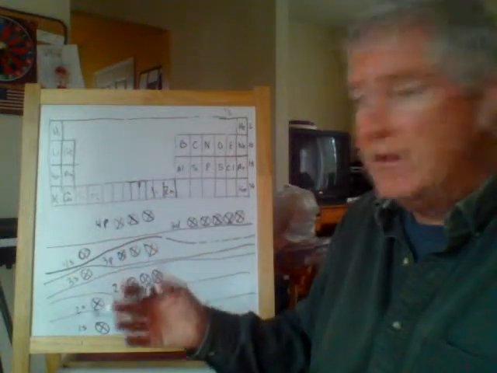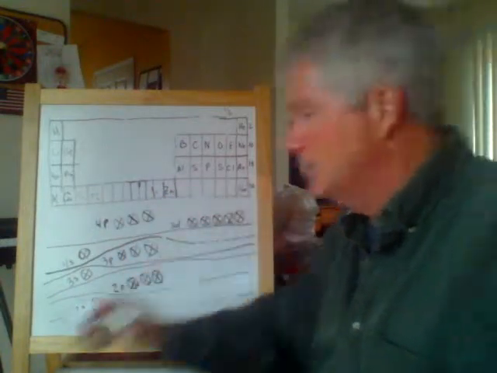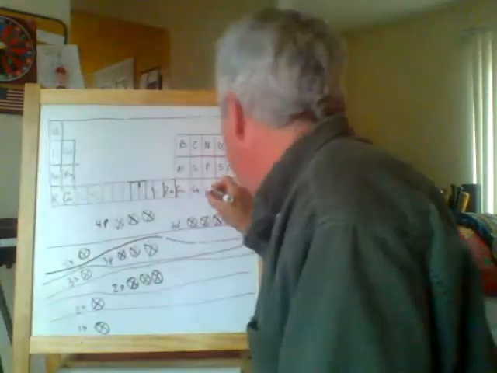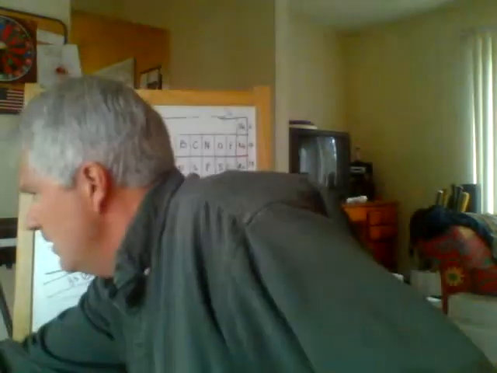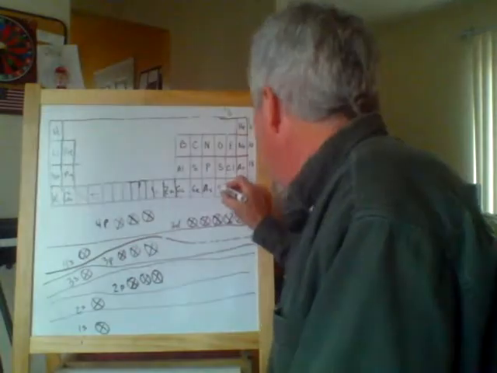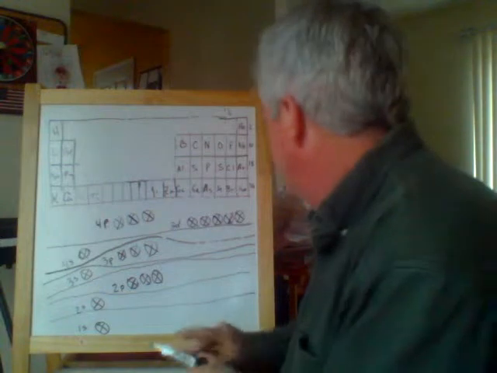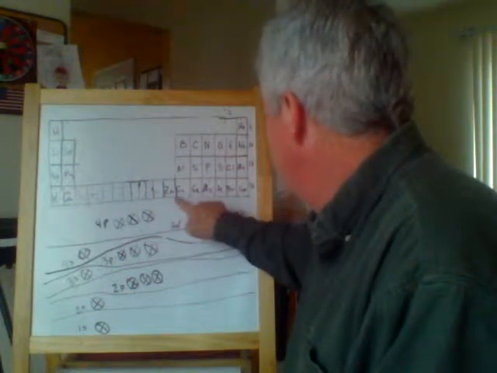And then finally we get into our 4p elements. I might as well put them in here: gallium, germanium, arsenic, selenium, bromine.